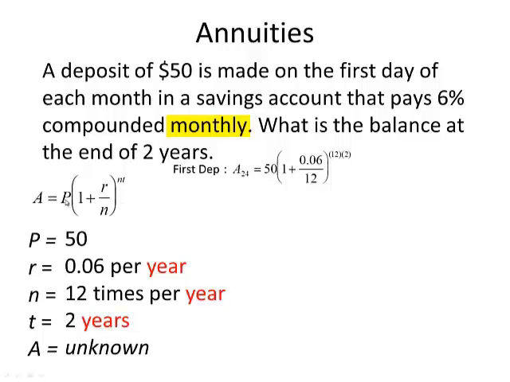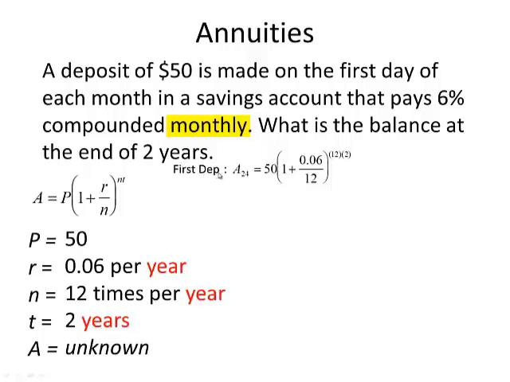So using this formula, the principal is 50. 1 plus interest rate is 0.06. Since it's compounded monthly, we have to divide that by 12 times per month. And then we have 12 months, that's N, times 2 years.